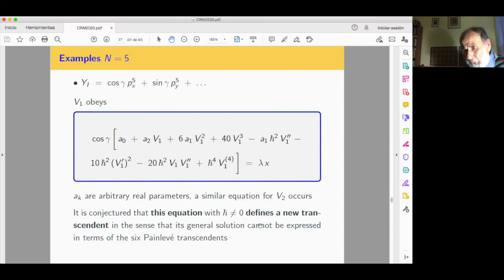Not necessarily the original 6. Already, as Adrian was emphasizing, for n equal to 2, you get all 6, by the way, and then when you get to higher degrees of polynomials, you start getting those that cannot be integrated in terms of the 6. With the 6, the question was, can you integrate in terms of known classical functions? And the answer was no, you can't. Now for the 50 that Ince has, for most of them you can.